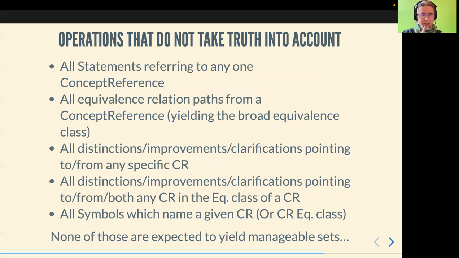And also all distinction, improvement, clarification that either point to a concept reference, or more often point from a concept reference, or if you apply that to the equivalence class, you'll want distinction, improvement, clarification that point to the class, point from the class, or point within the class. So those are all plausible, exhaustive use cases. And finally, all symbols which name a given concept representation or equivalence class.